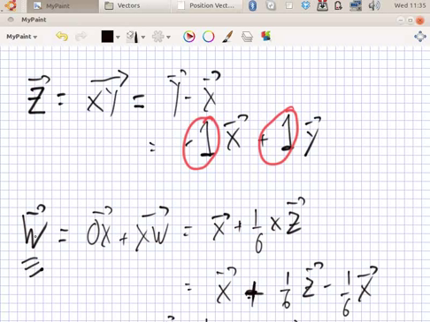Hold on. There's W. Now, I said OW is OX plus XW.